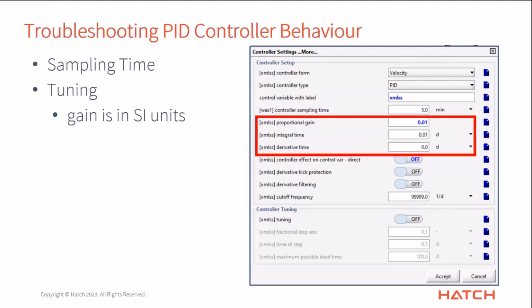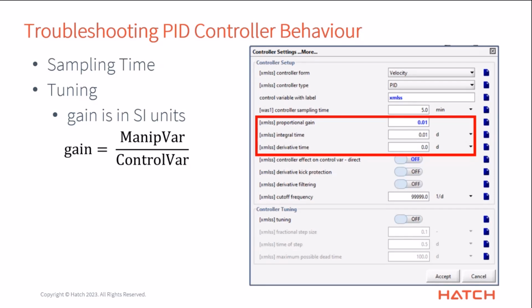So if you take a look at them by going to the meters cubed version of whatever flow rate you're working in, a good starting point is to take, for the default setting that we have, the manipulated variable and divide it by the control variable, and that will give you an approximate order of magnitude to put your gain at. You will then probably need to adjust it from there.